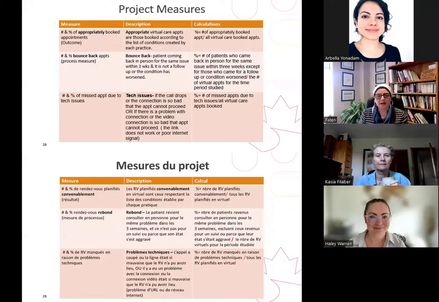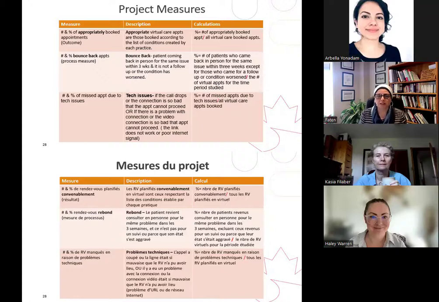In the balancing and the process measures, I'm going to really just focus on the bounce back measure. That one I really thought was important to touch on here in the webinar. We define the bounce back measure as those patients who come back in person for the same issue within 3 weeks following the appointment, and it was not a follow-up appointment or the condition then worsened, which means that the virtual care appointment wasn't appropriately booked.